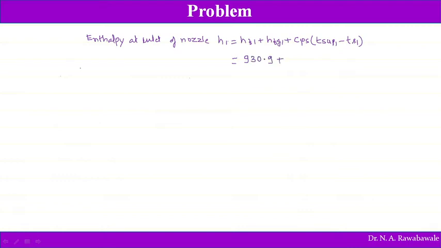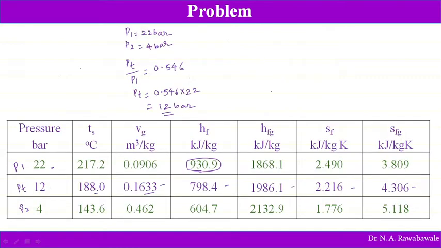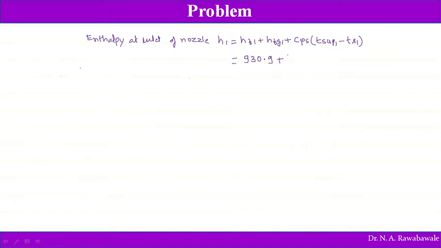So 930.9 plus HFG1. HFG1 at 22 bar is 1868.1, plus CPS, specific heat of steam, which is 2.1, into temperature of superheated steam T sub 1, which is given in the problem as 260 degrees Celsius.